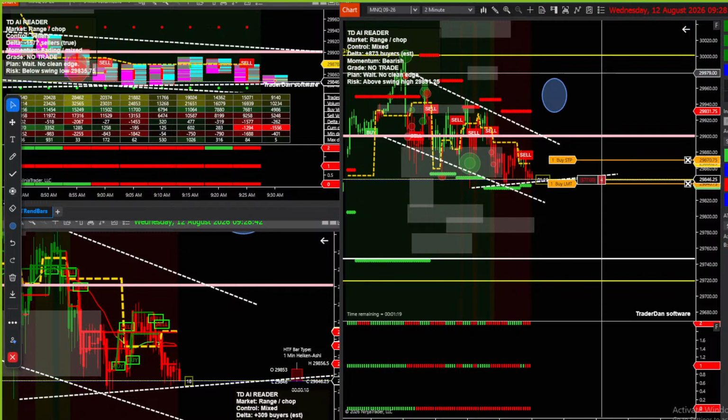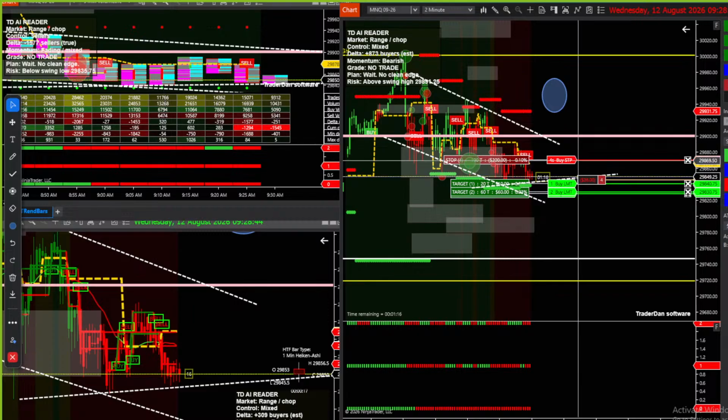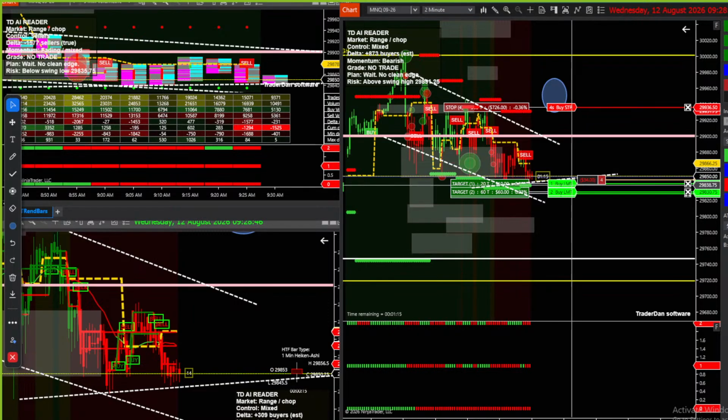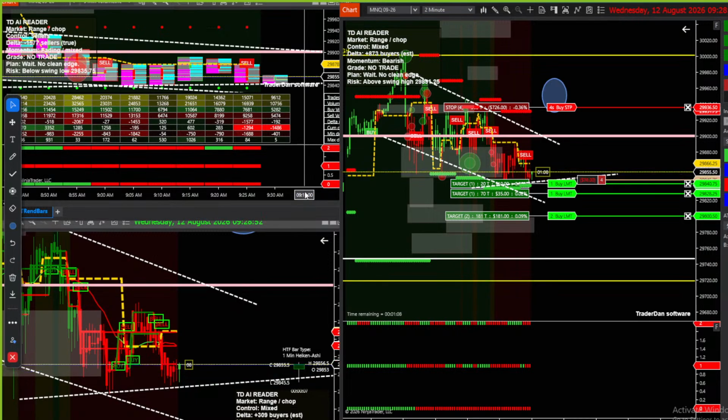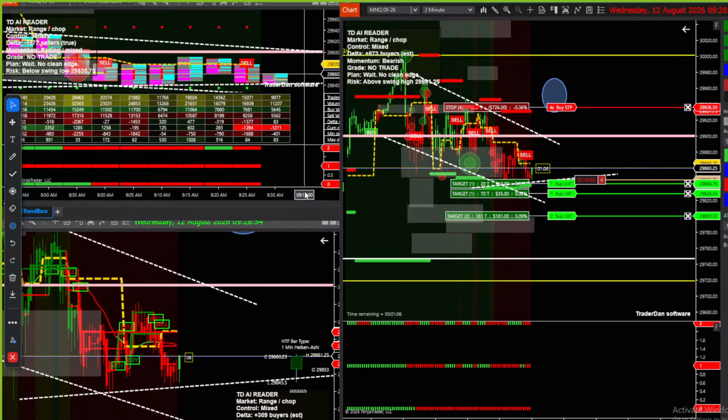I'm going to sell this bottom, guys. I'm in. Let's see if these sellers can rip this thing down. They could buy the bottom of this. I'm just saying.